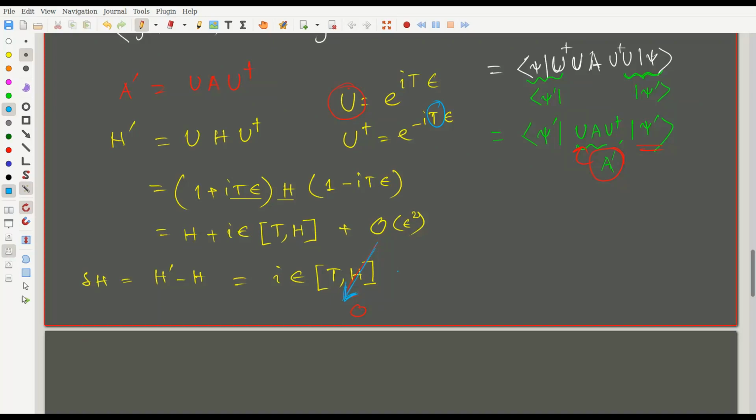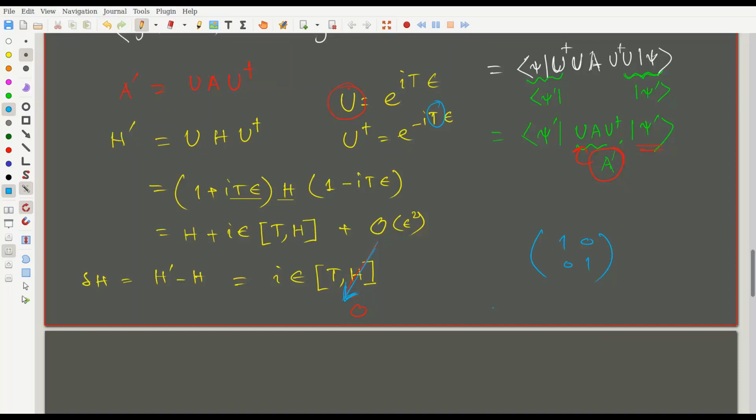I can give you a trivial problem which you can think about and then tell me the answer. Suppose I give you a 2 cross 2 identity matrix. So this is just 1 0, 0 1. And I ask you, what are the eigenvalues and the eigenvectors of this matrix?